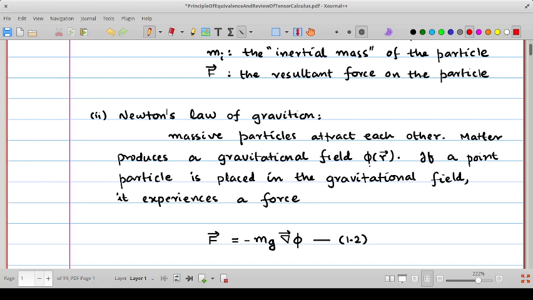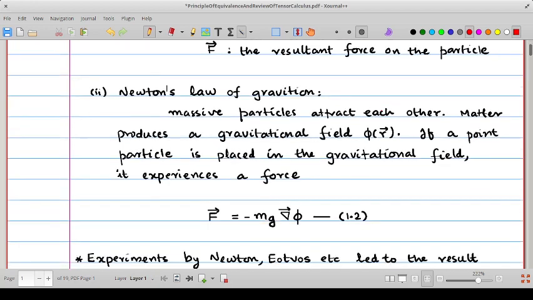And if a point particle is placed in the gravitational field, then the force acting on it is proportional to the negative gradient of this gravitational potential field, and the proportionality factor will be called the gravitational mass of the particle.